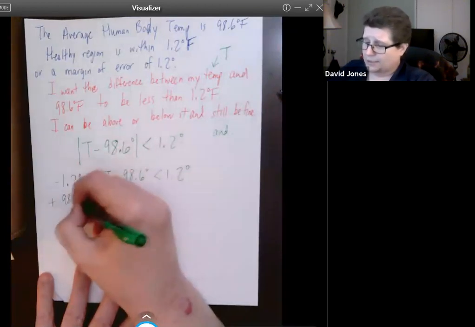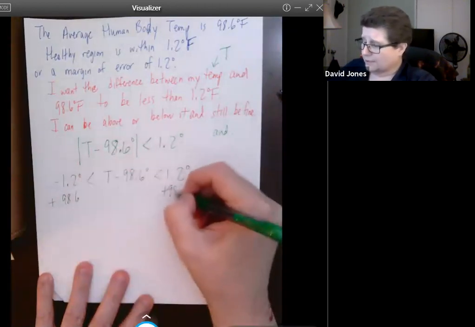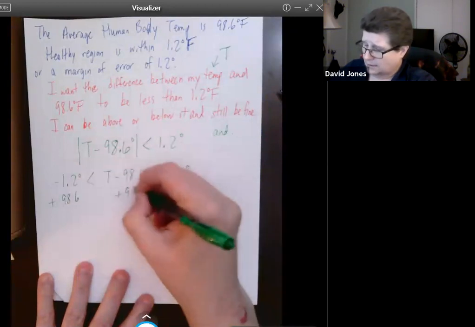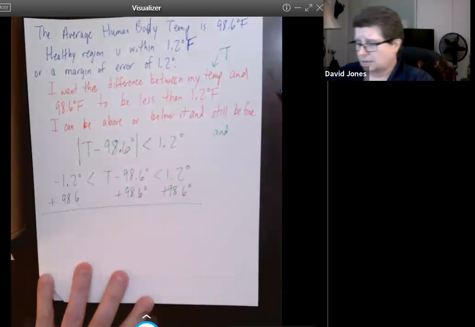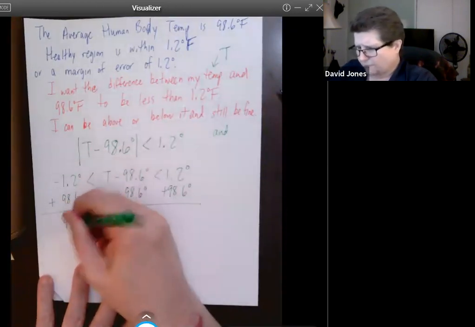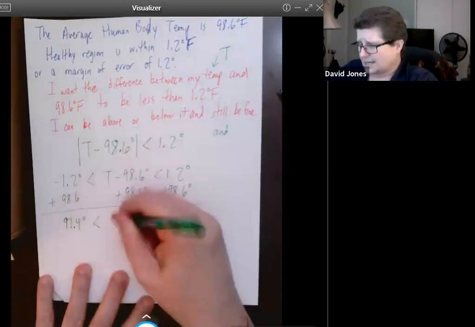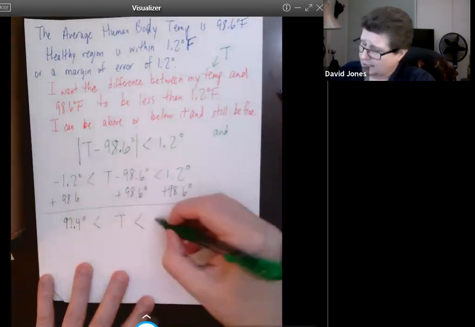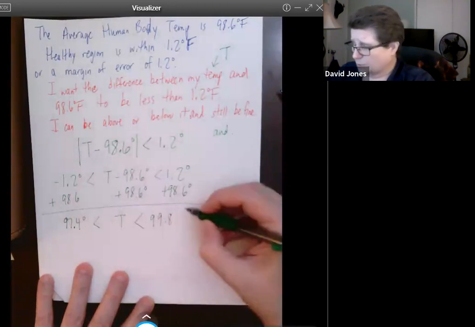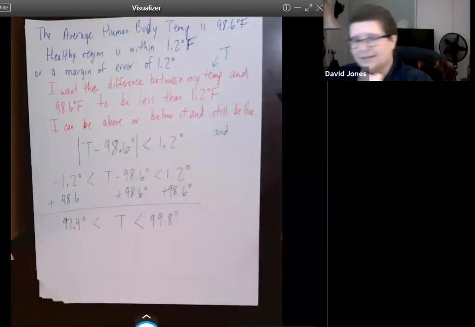Add 98.6 to all sides, all regions. 97.4 degrees is less than T is less than 99.8. I think 1.2 was a little bit high. If I was at 99.8, I'd probably be getting close to running a fever.